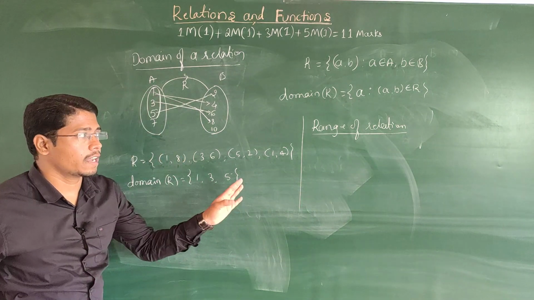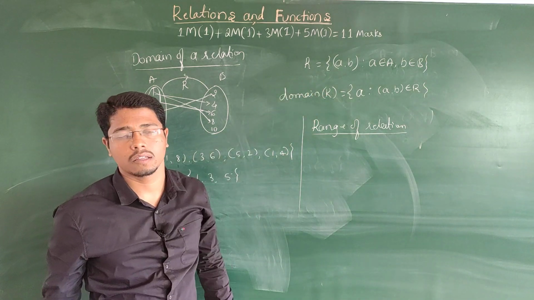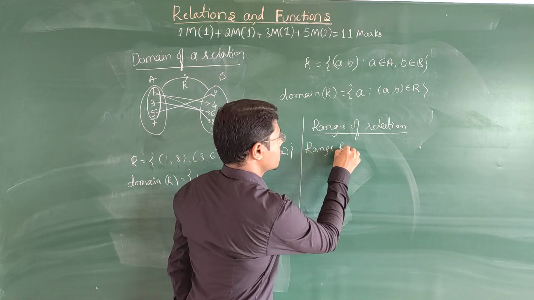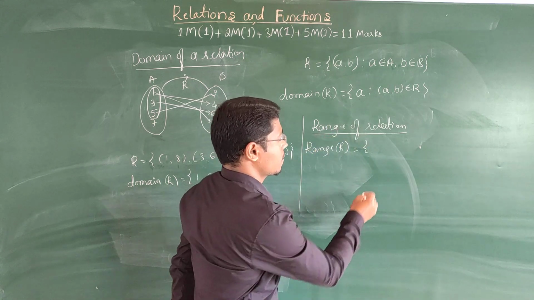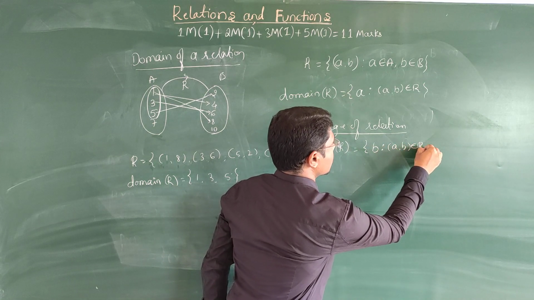So range of R is equal to {b such that (a, b) belongs to R}.